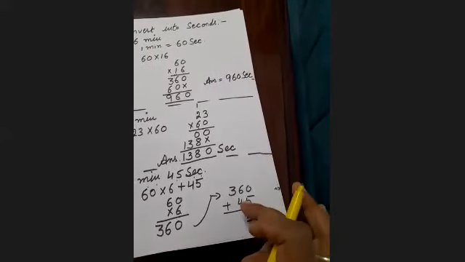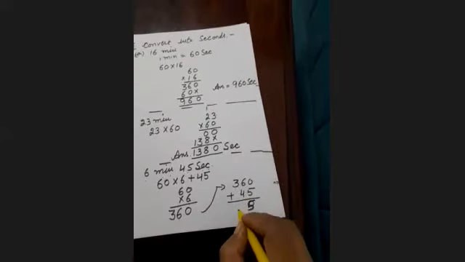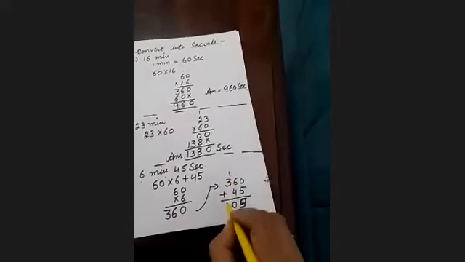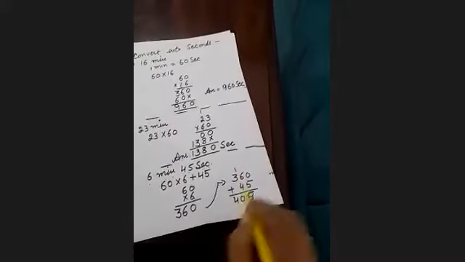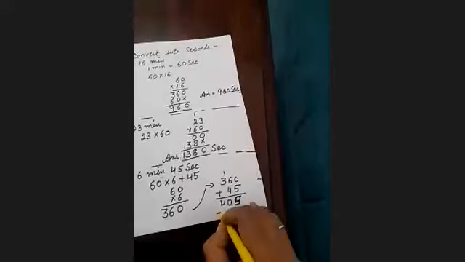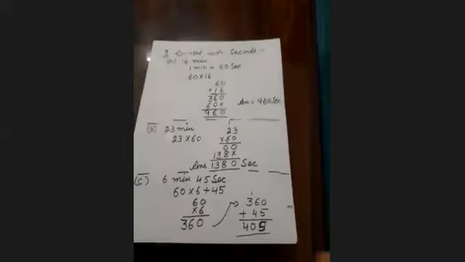We have 405 seconds. In 6 minutes and 45 seconds, we have 405 seconds.